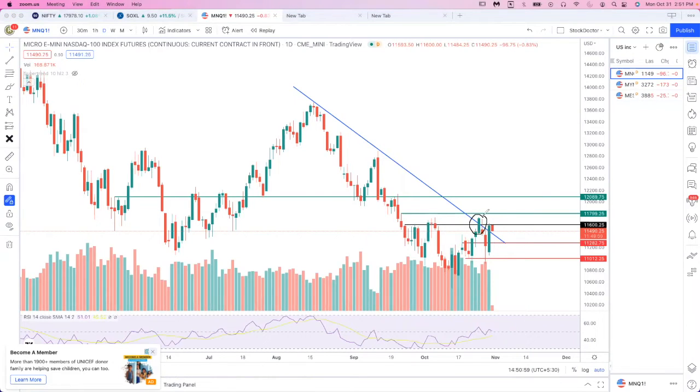Here we see that the trend line resistance got broken. Here it was the first resistance, the second resistance was here, and the third resistance here got broken, and then again we went down, and then again on Friday we closed above the resistance.